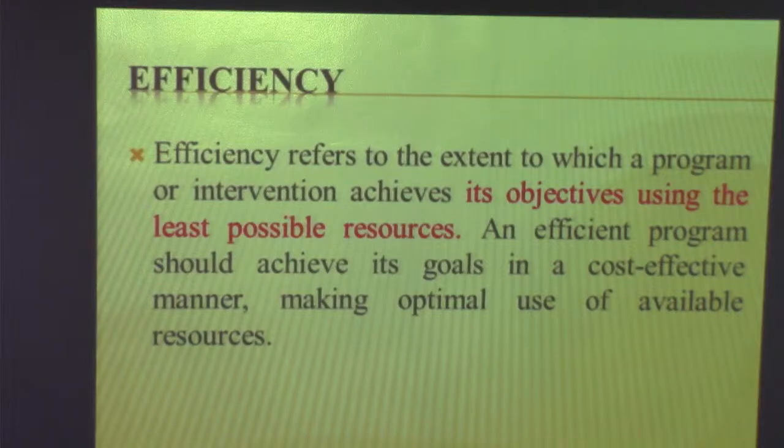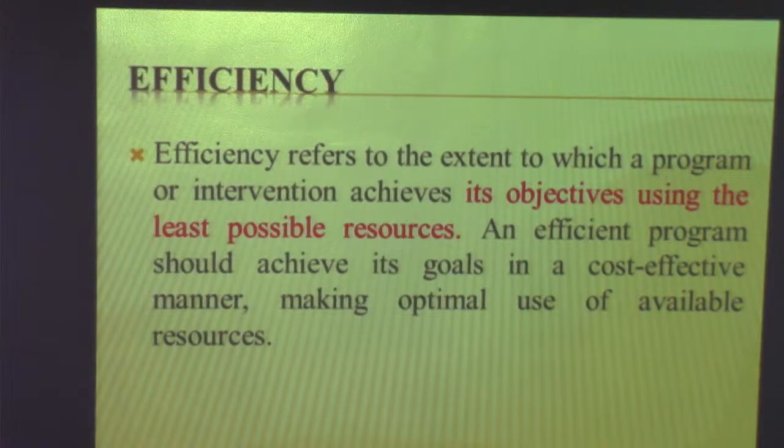Kwa ufasaha na isiyo effectiveness. Labda ndio kama hapo wamesema kwa 50 lakini umefanya ufasaha, lakini kwa 60 umetumia cost resource nyingi au muda, na time frame umezidi. Haiwezi kuwa efficient.